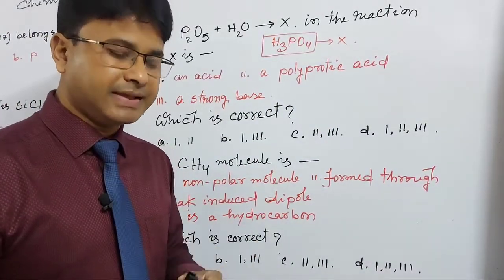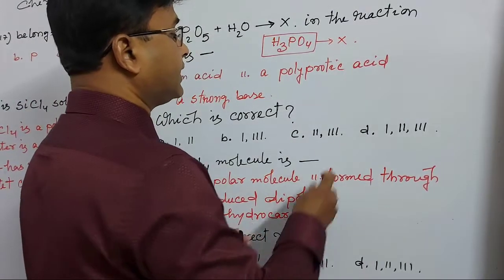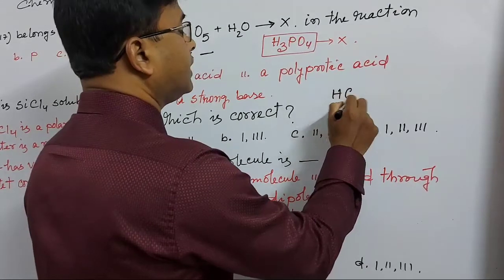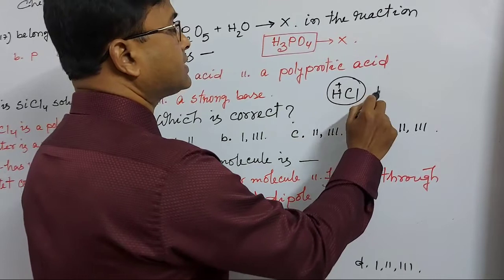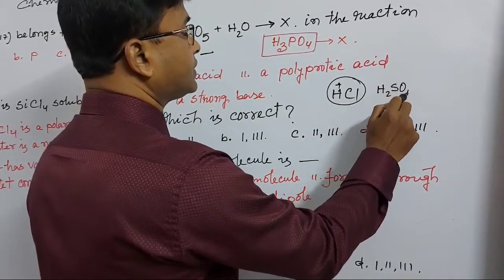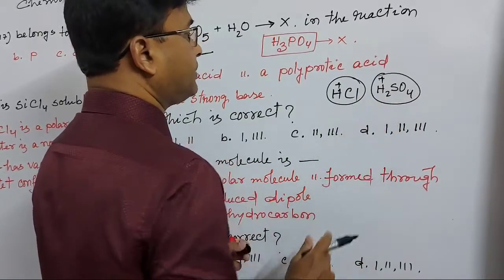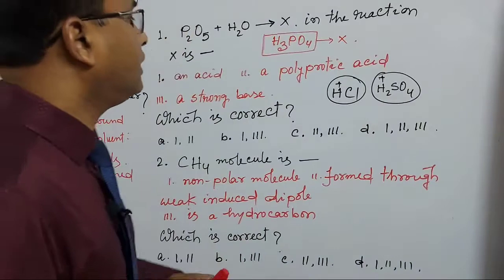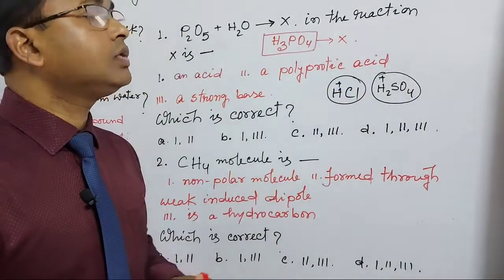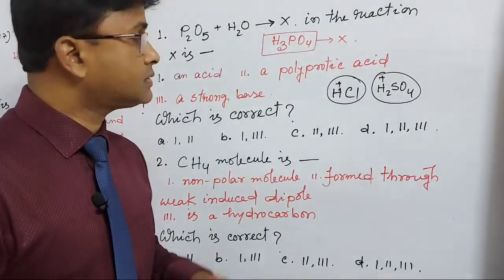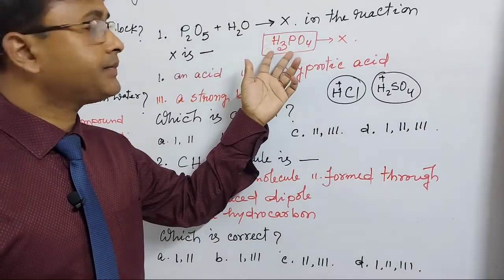Students, if any acid like hydrogen chloride or hydrochloric acid contains only one proton, that's why this is monoprotic. Sulfuric acid H2SO4 contains two protons, that's why it is diprotic. And phosphoric acid contains more than two protons, that's why it is a polyprotic acid.